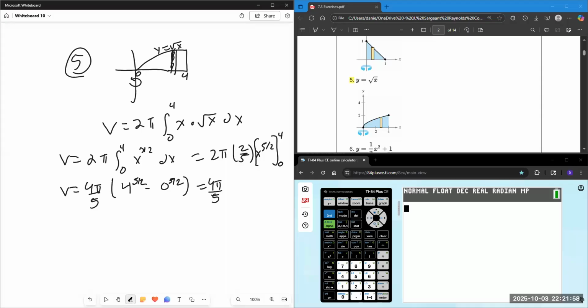Square root of 4 is 2. This is 2 to the 5th minus 0, 4 pi over 5 times 32 over 1 is going to be 128 pi over 5 cubic units.